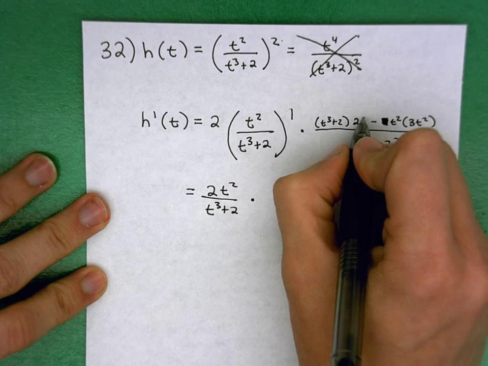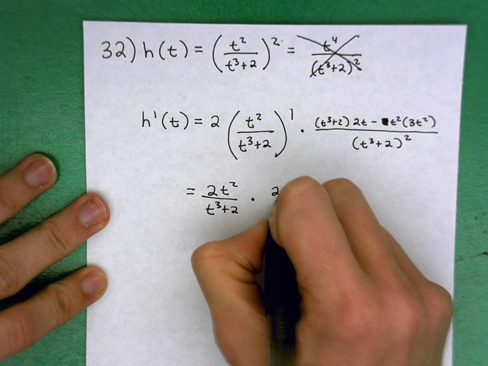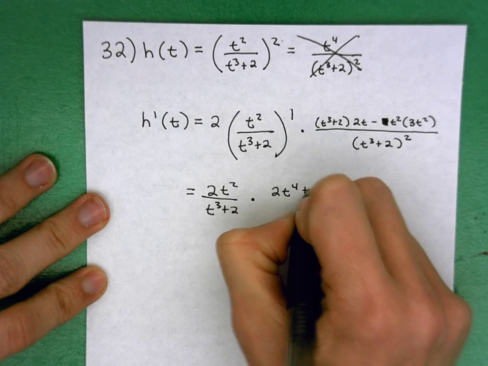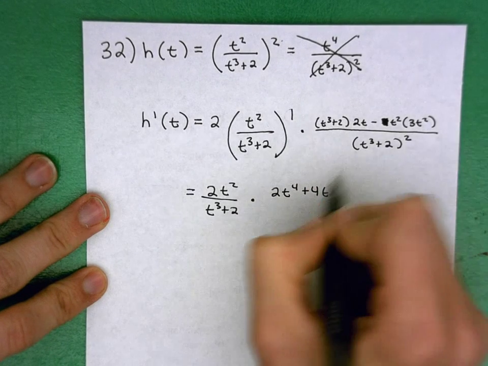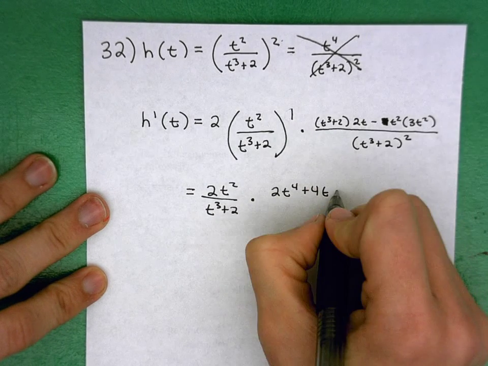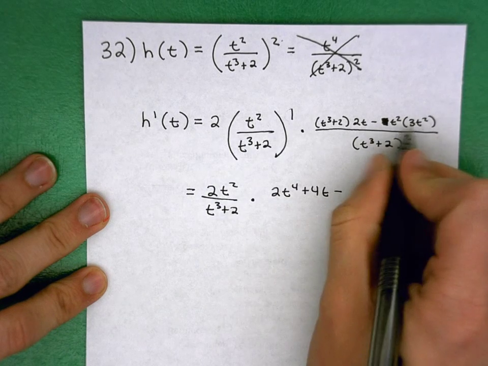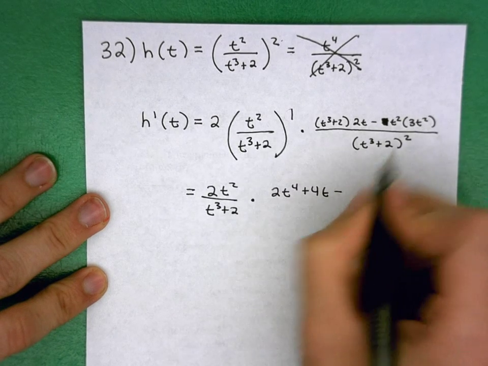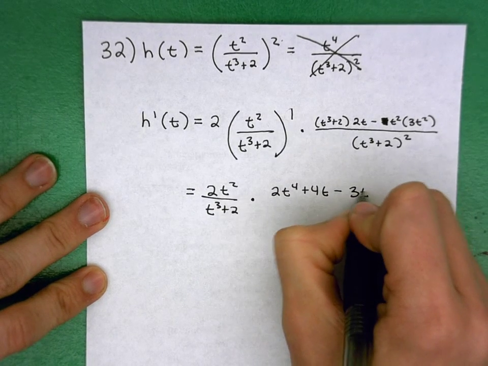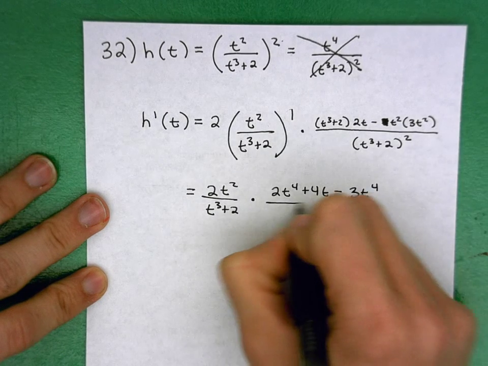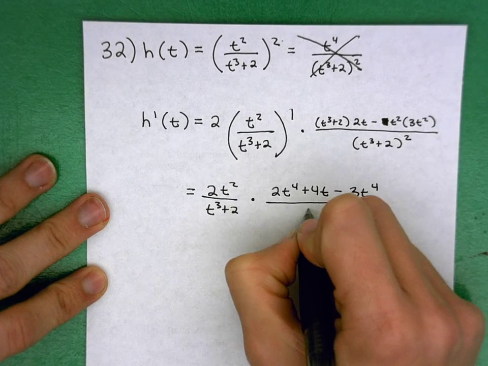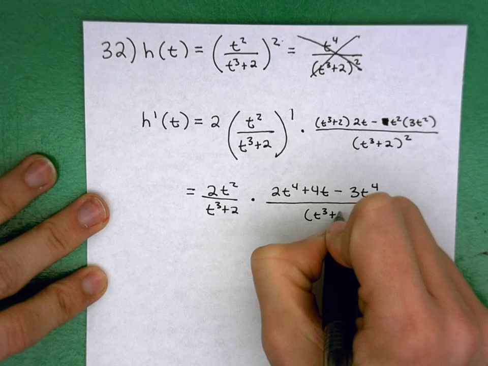I'm going to go ahead and distribute that 2t in, which will give me 2t to the 4th plus 4t. And I'm going to distribute this negative t squared. Actually, it's not really a distribution. I'm just going to multiply the two terms to make negative 3t to the 4th all over t cubed plus 2 squared.